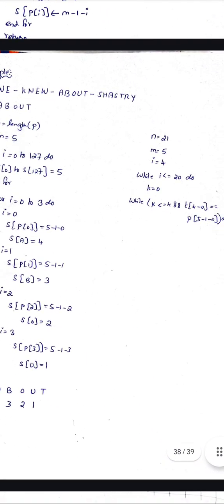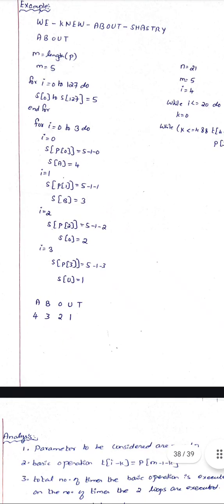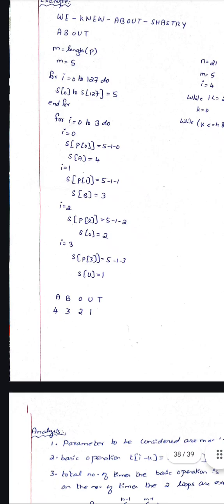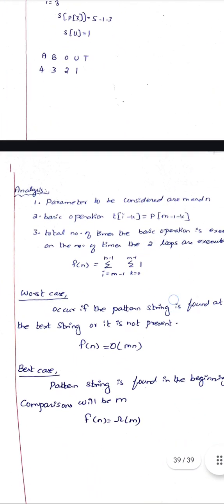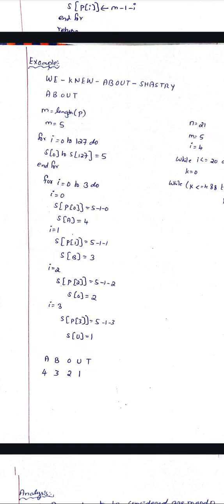And then we will be finding it. In this way, we have to find. That is, for example, for i from 0 to 127, we will be adding the shift table.